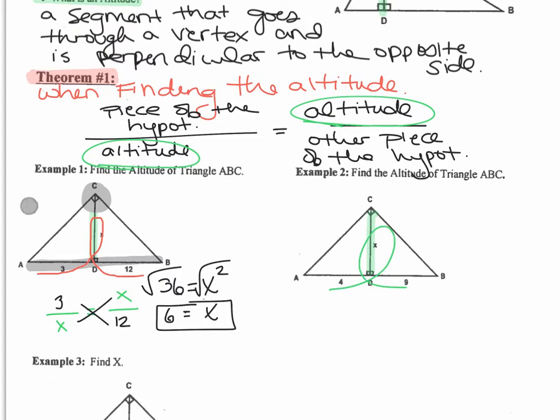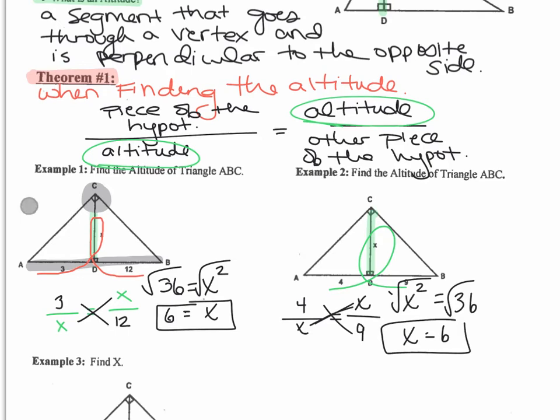Give me one piece: 4 over the altitude, which is x, equals the altitude, x, over the other piece of the hypotenuse, which is 9. Now I'm going to cross multiply and solve. X times x is x squared. 4 times 9 is 36. Square root, so x equals 6 again.